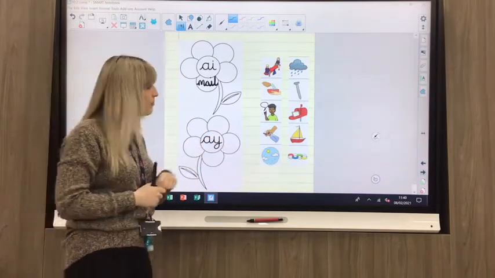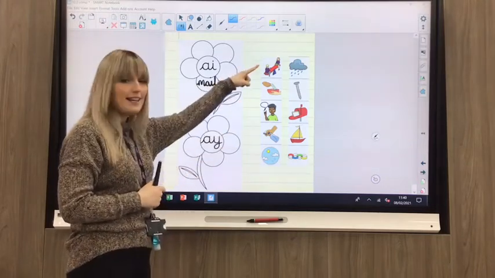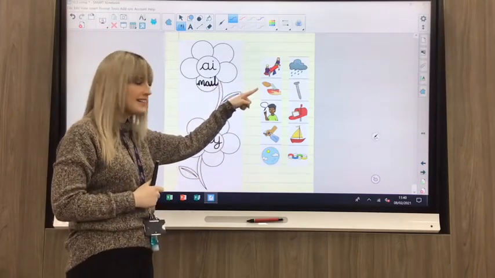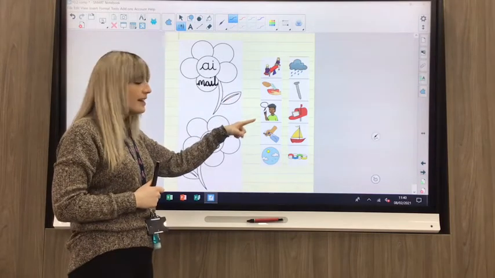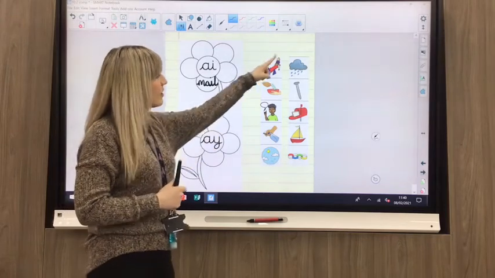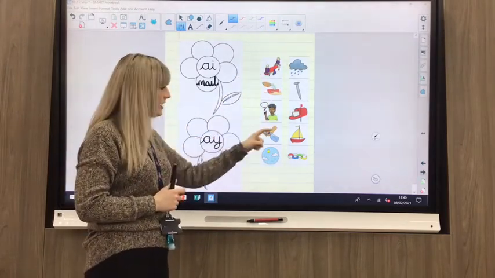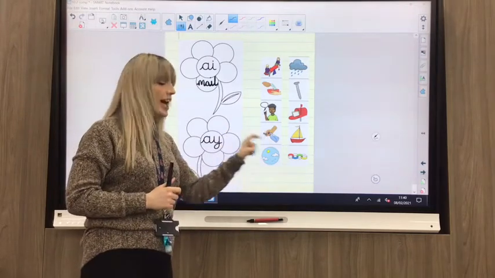So here are some pictures to help you think of the word. So we've got play, pay, say, spray, day, rain, nail, mail, sail, chain.